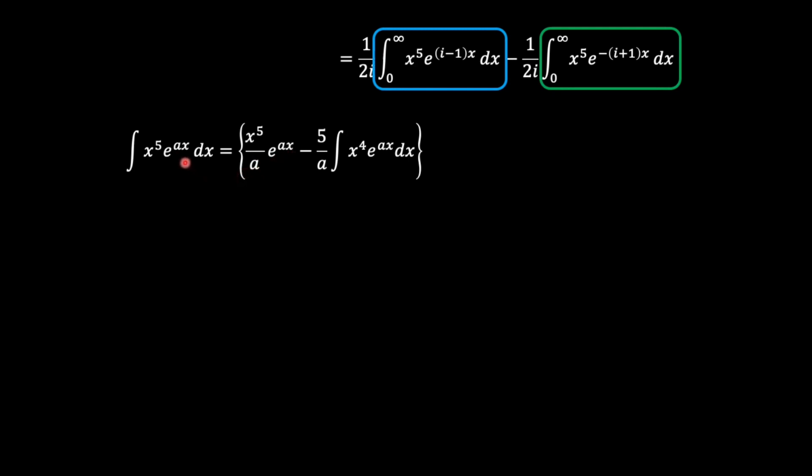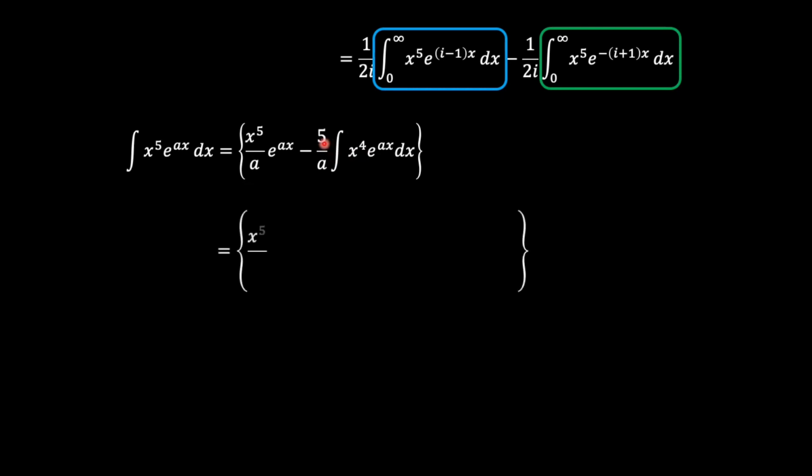We consider du/dx to be e to the power ax, such that u integrated is 1 over a times e to the power ax. Then minus, we have u, which is 1 over a e to the power ax, times the derivative dv/dx, which is 5x to the power 4.